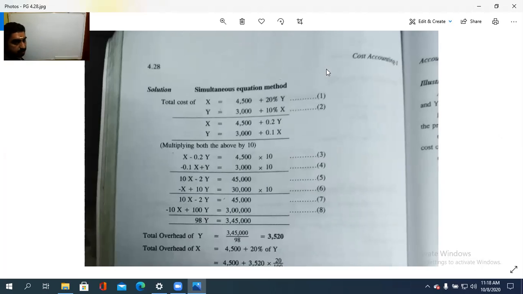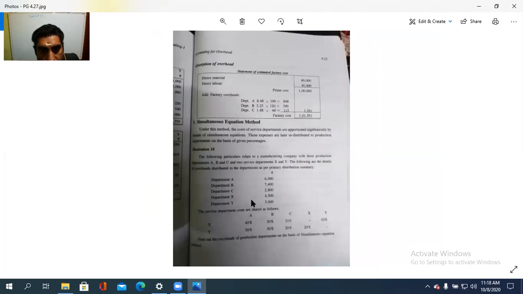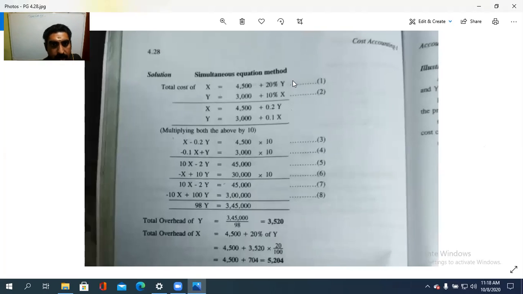Under the simultaneous equation method, one equation is to be framed first. So total cost of X is equal to, how much is there, X is 4,500 and Y is 3,000. So here, look, 4,500 plus, how much percentage of Y it is.